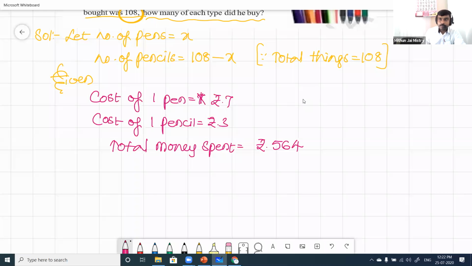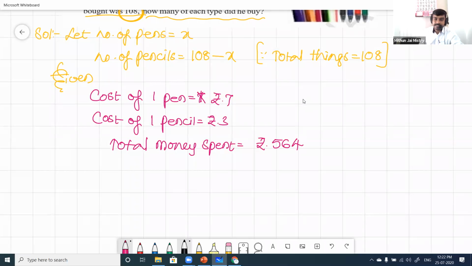Now here I'm going to write this and you need to understand. As I have said, cost of one pen is 7. So cost of total pens should be what? 7x. 7 is cost of one pen, so 7x will be cost of all pens.